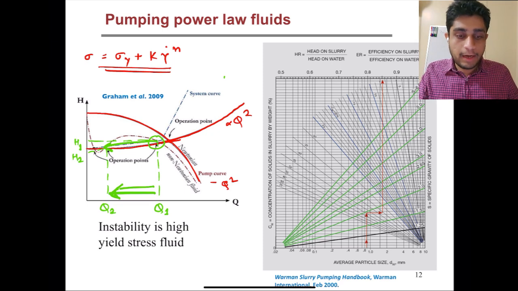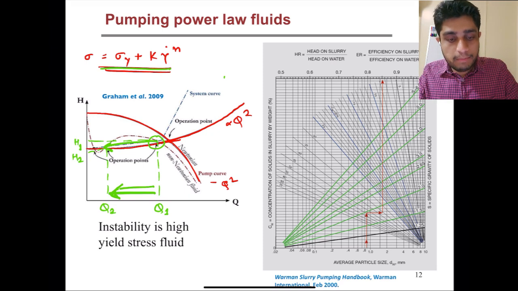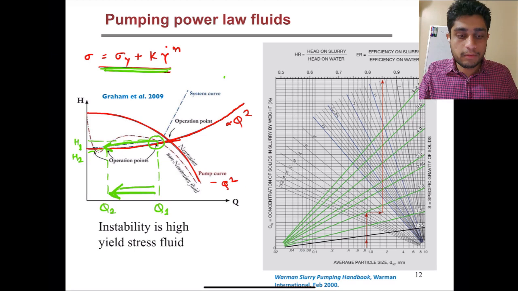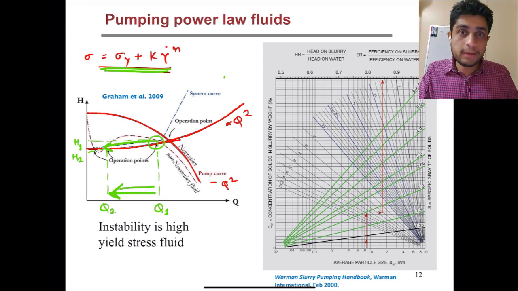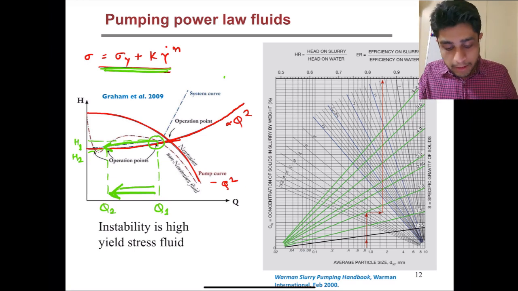So again, while choosing a pump for non-Newtonian fluids, these simple models can be really helpful for choosing an appropriate pump. And many a times these kind of charts are provided by manufacturers, which could help you select an appropriate pump.